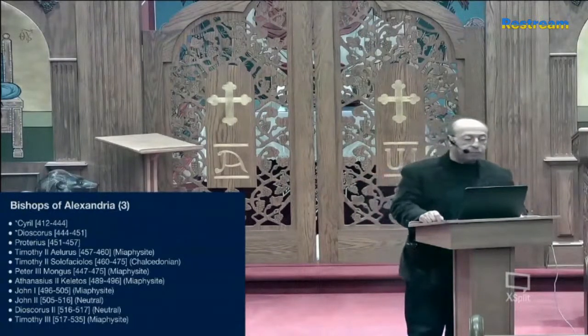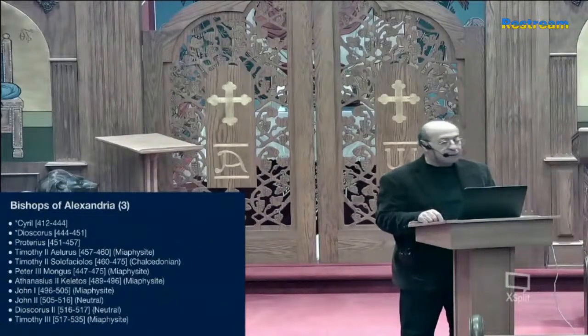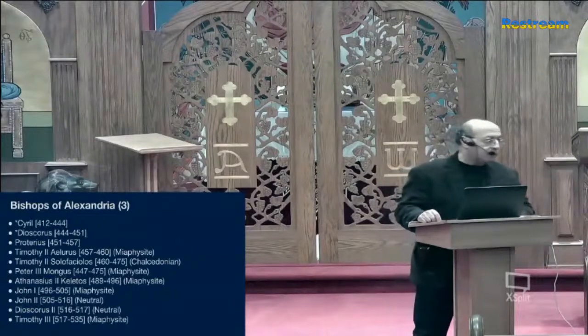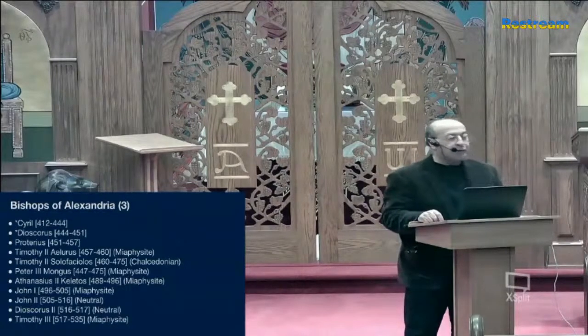So in that council, in the Council of Chalcedon, the church split into Miaphysites and Chalcedonians, or Biphysites. So it's about the nature of Christ, or the nature of God. Does he have two natures, or one nature?